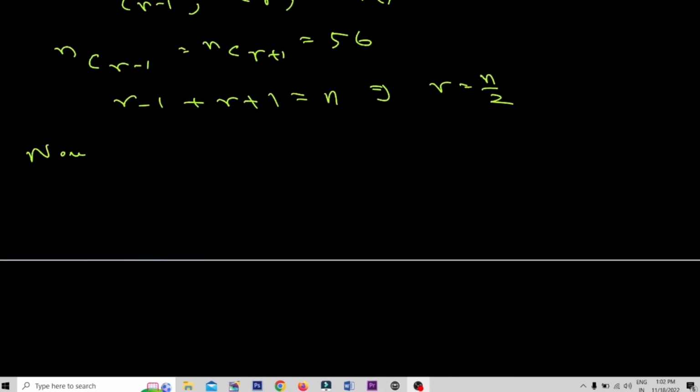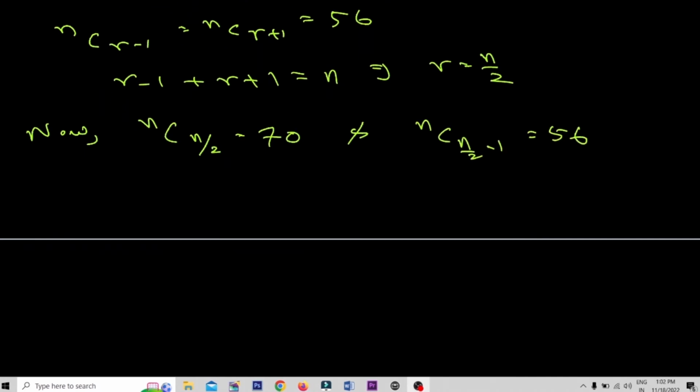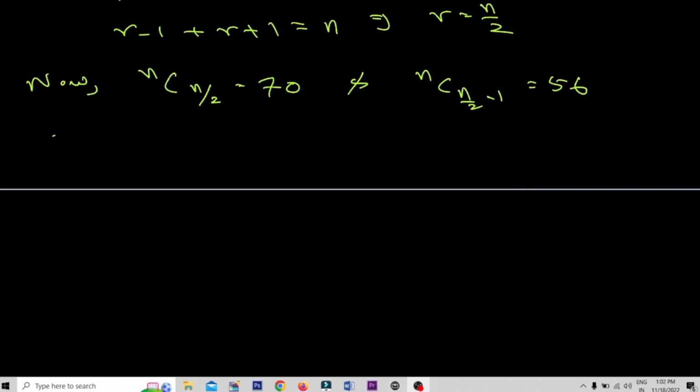Now we can write nC(n by 2) equal to 70 and nC(n by 2 minus 1) equal to 56. Let us divide. Therefore nC(n by 2 minus 1) by nC(n by 2) equal to 56 by 70.